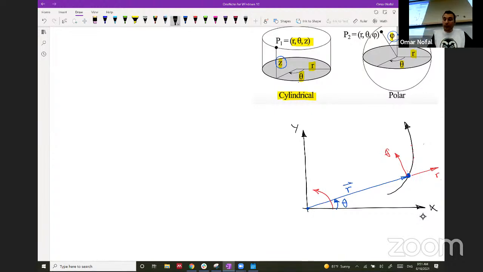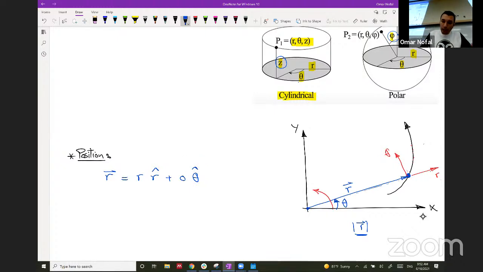And let's first describe the position. The position is described by the r vector, and the r vector has a magnitude r. So we have the magnitude r in the r direction plus 0 in the theta direction, because we don't have any component of r in the direction of theta.